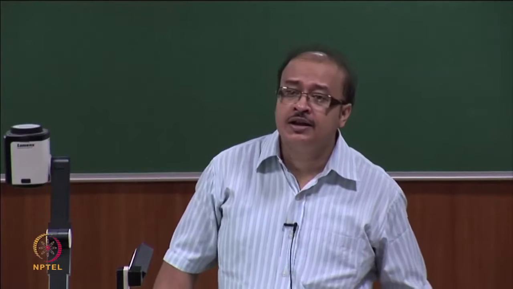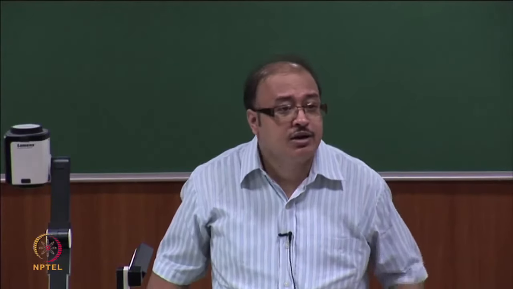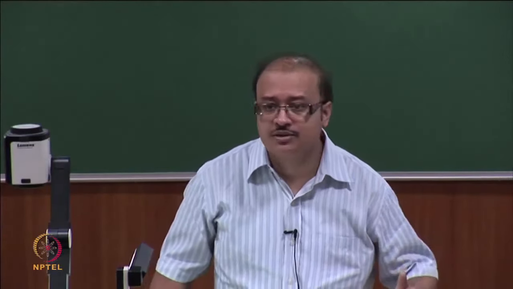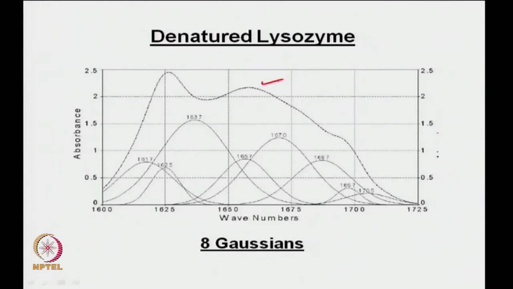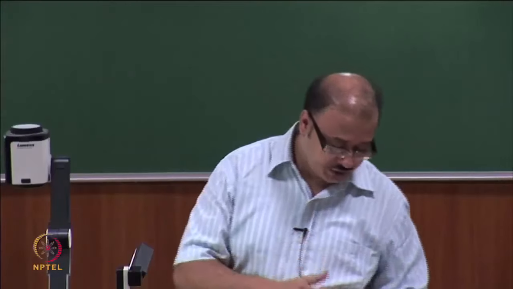So, you can understand that possibly we will need some more Gaussians or more bands to fit the spectrum, and that is what has been tried out here. You can see people are using about 8 Gaussians to try to get some usable information from the experimental band shape.